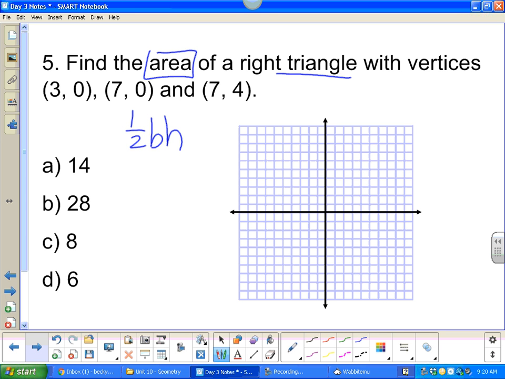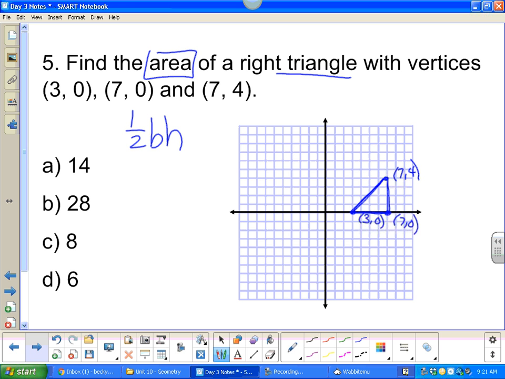Okay, so let's plot our points. 3, 0. And I'm going to label them as we go. 3, 0, 7, 0, and 7, 4. Okay, now this one's really nice.